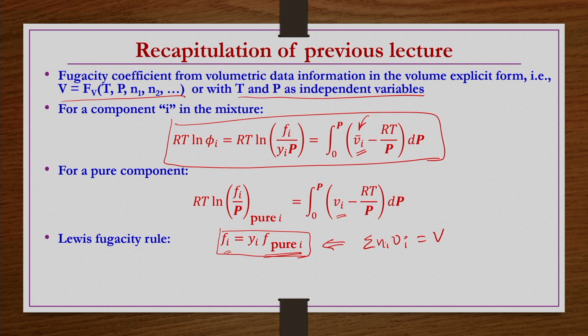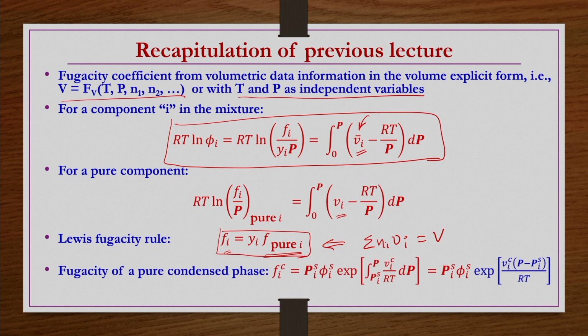So, this derivation we have seen, and for the fugacity of a pure condensed phase we have derived this relation: fic equals Pis times exponential of the integral of (Vic by RT) dP, integrated from Pis to P. Pis is nothing but the saturation pressure.